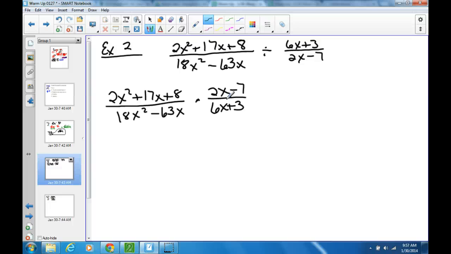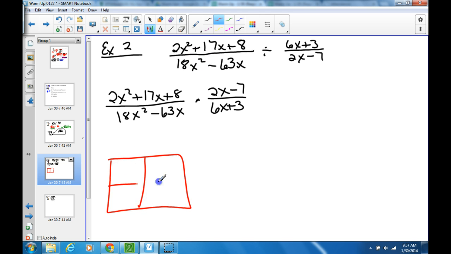What am I going to do next? I need to factor them. So I'm going to first look at this polynomial right here, okay? Let's factor that one. Got to use the box here.